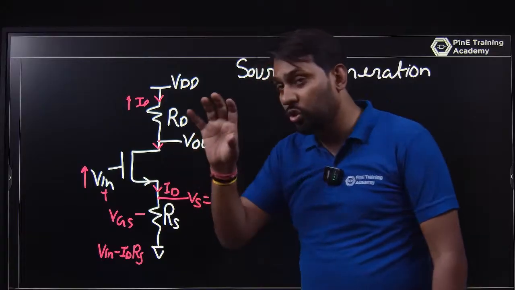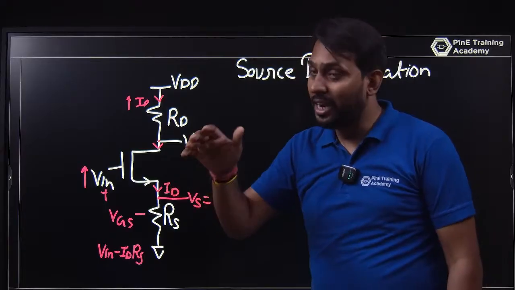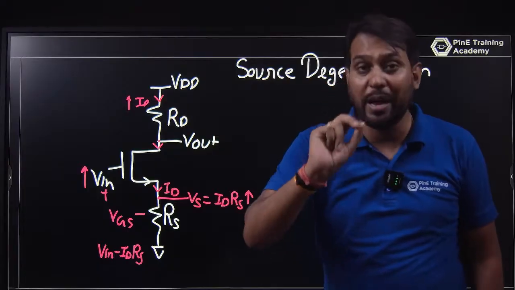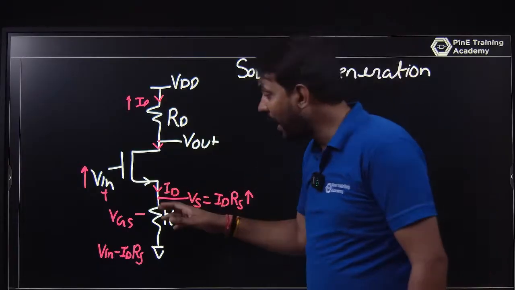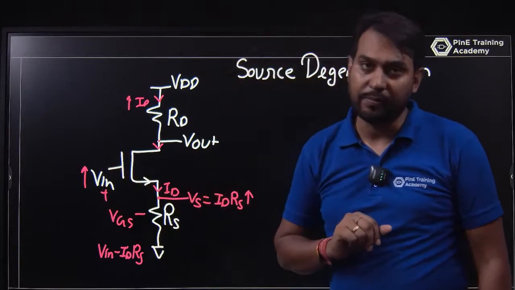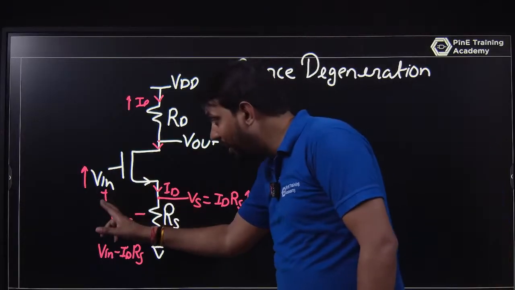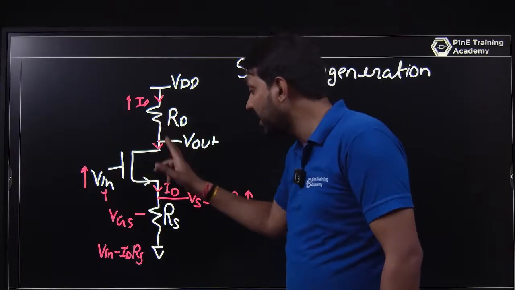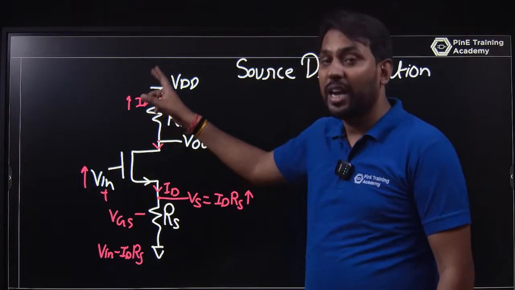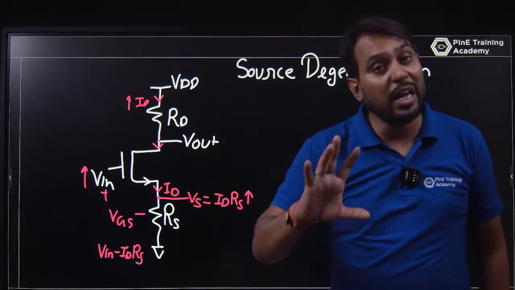The speedometer will show the speed limit. As you accelerate, it will speed up, but this also provides feedback to your brain that the speed is increasing and that may be a problem of accident. So with negative feedback, what will happen? If the current increases, this voltage Vs will increase, the VGS will decrease, and the current will also decrease.